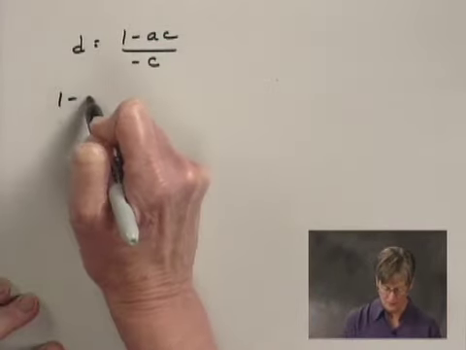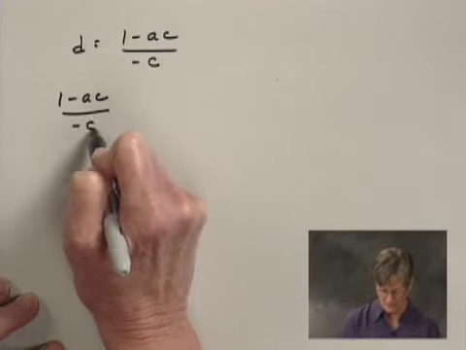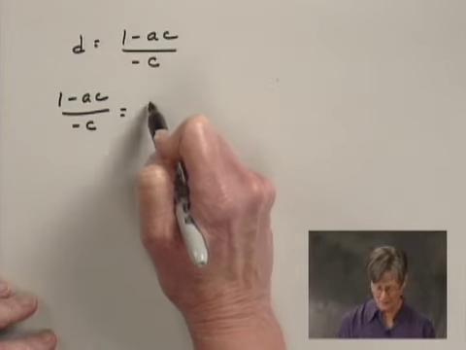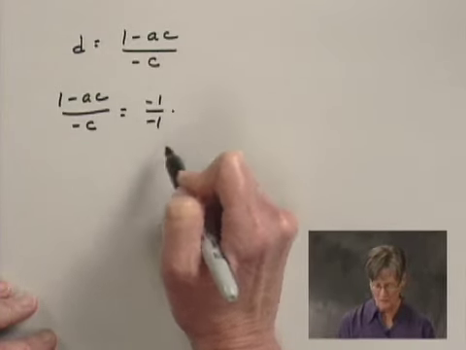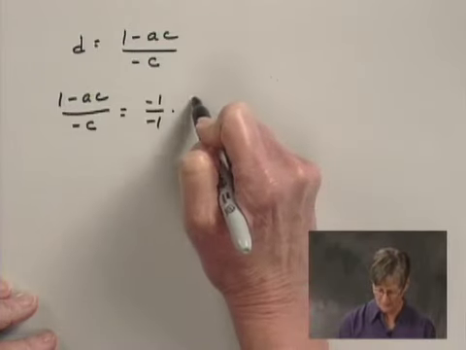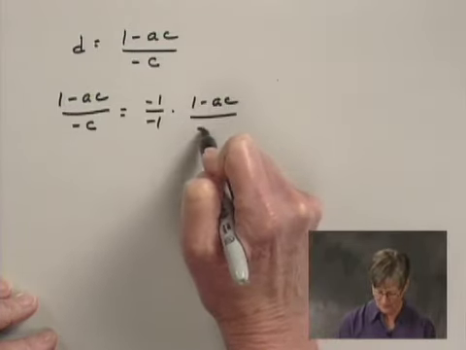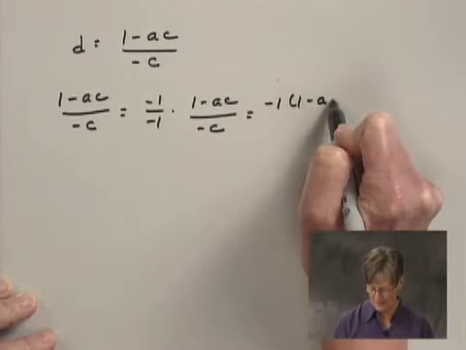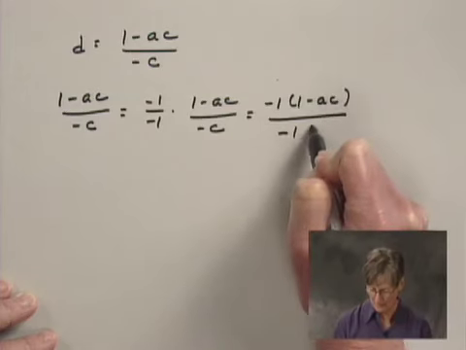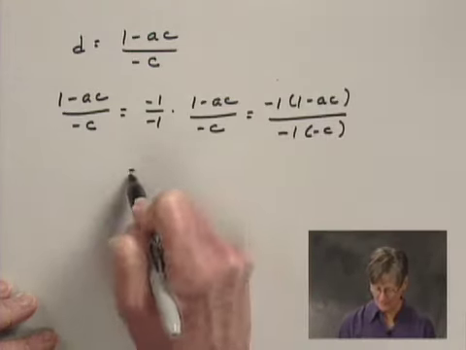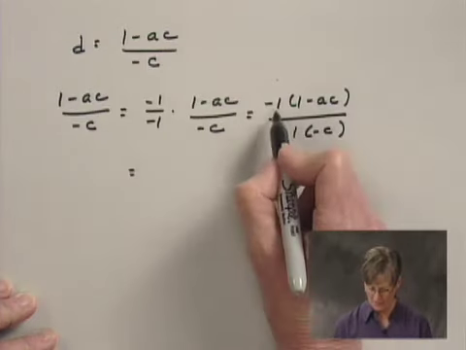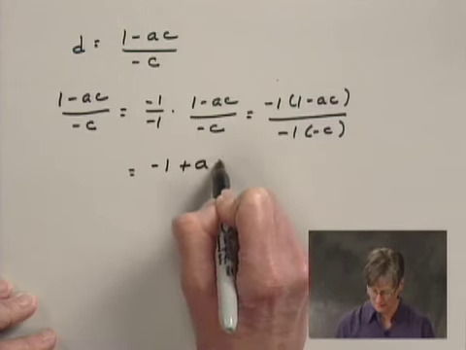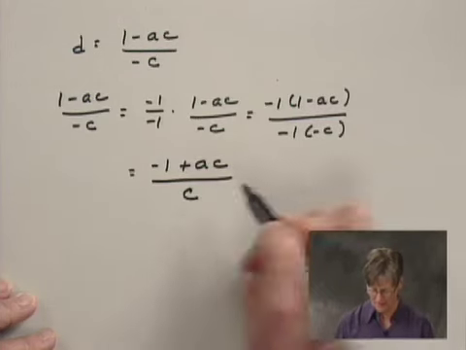If I multiply numerator and denominator by negative 1, so I'm multiplying by 1 in the form of negative 1 over negative 1, then I have negative 1 times 1 minus ac over negative 1 times the opposite of c. When I do this multiplication in the numerator, I'm going to get negative 1 times 1, which is negative 1, and the second multiplication gives me plus ac. And in the denominator, I have c.